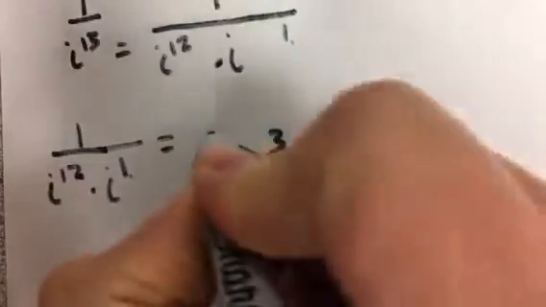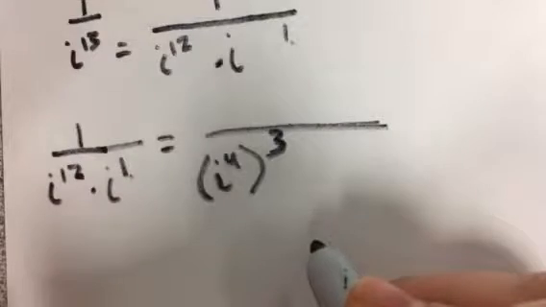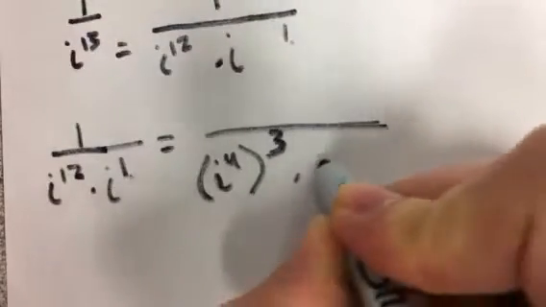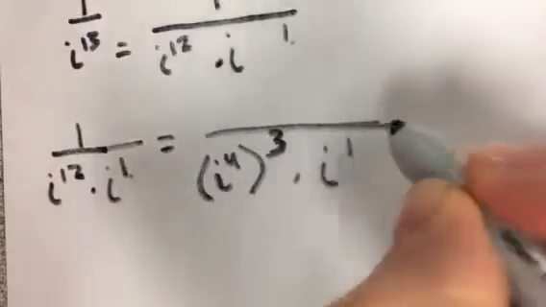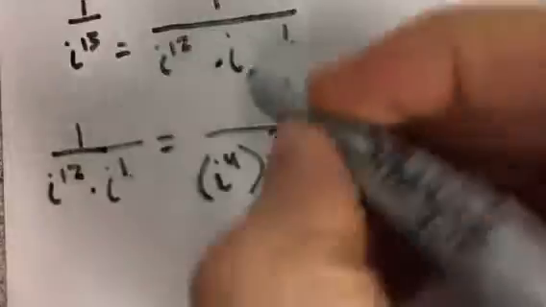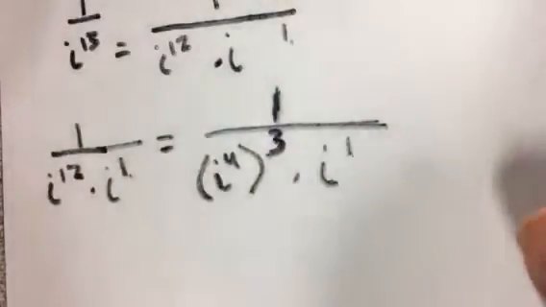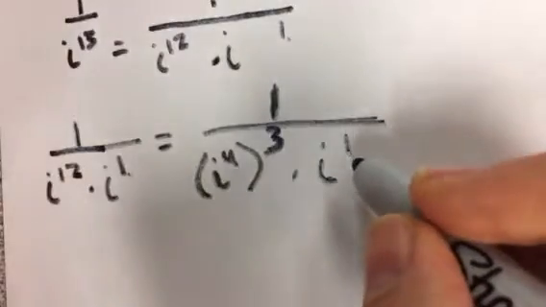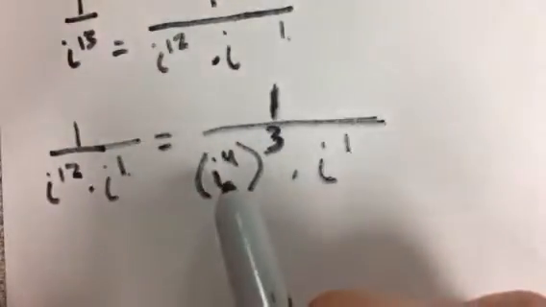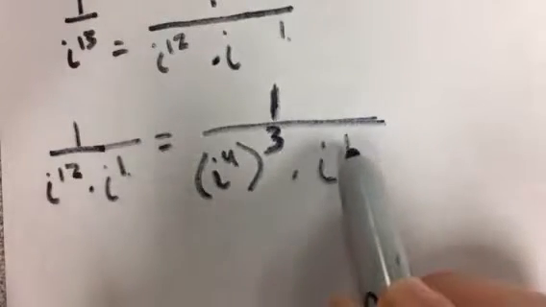And then multiplied by i to the first power. So i to the fourth to the third power times i to the first.